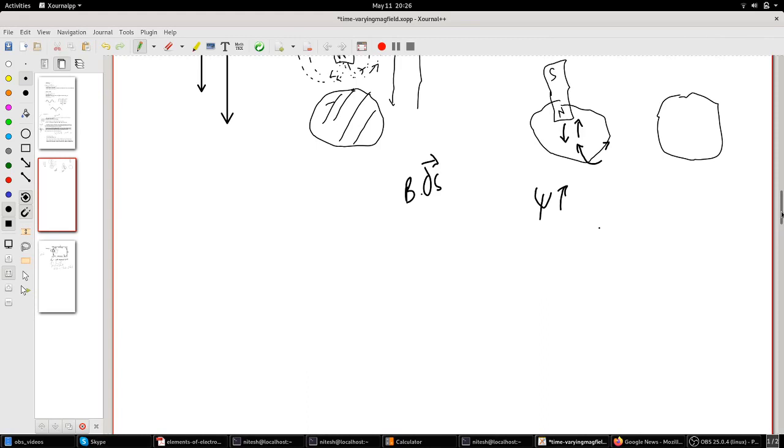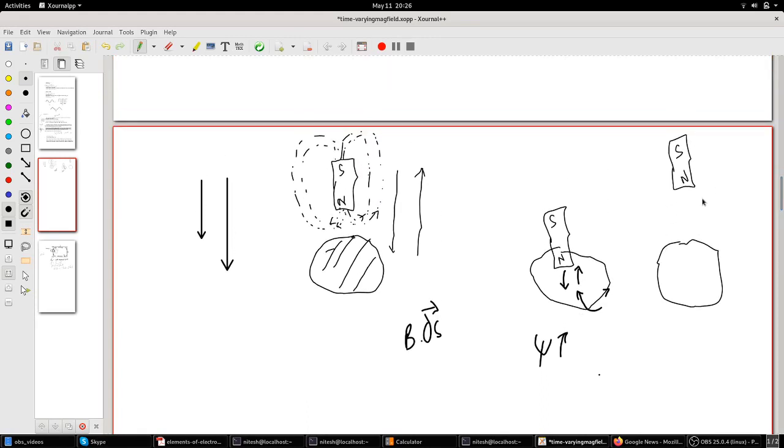Now in the second case, right now it was in this motion, now I am taking the magnet back away from the loop. I am moving this magnet in the vicinity of the loop back and forth, up and down. So now in the next moment it is moving away from the loop.